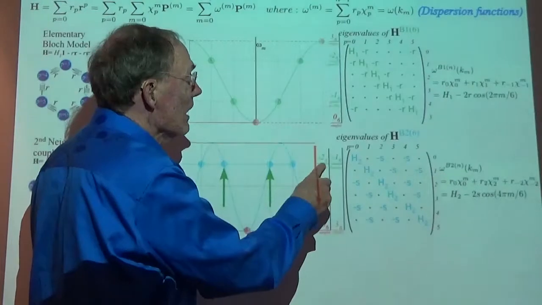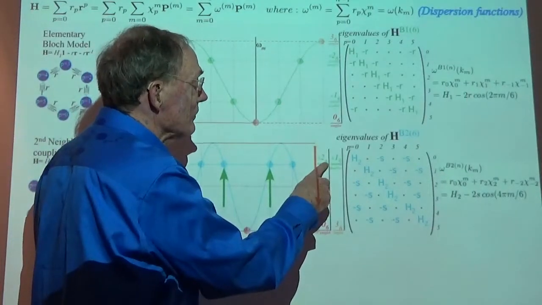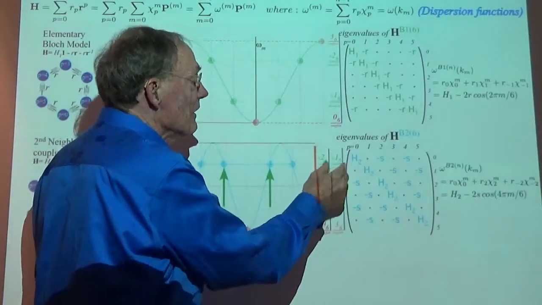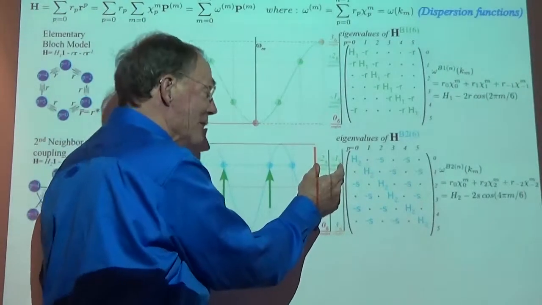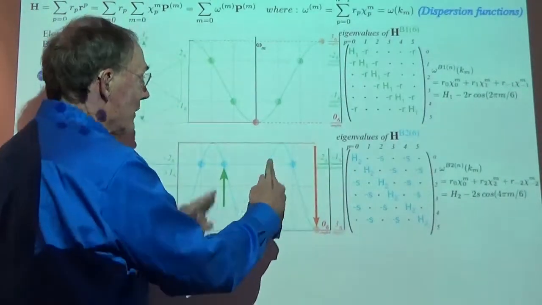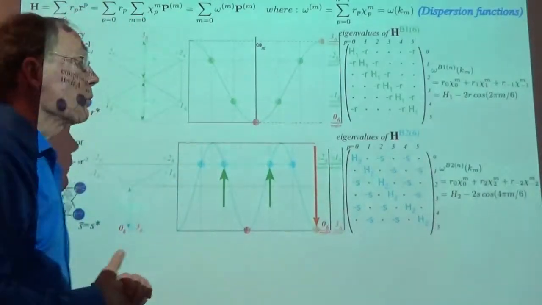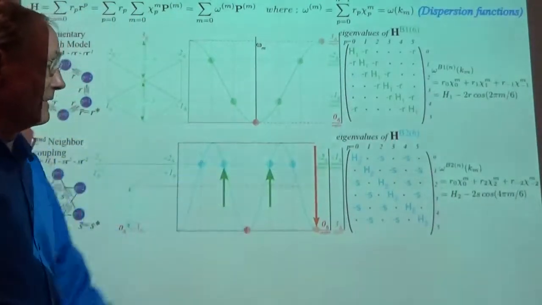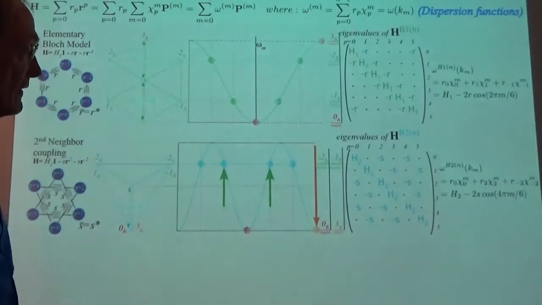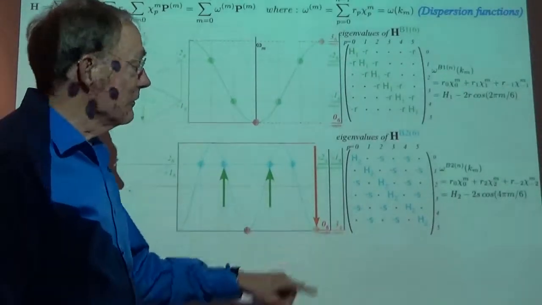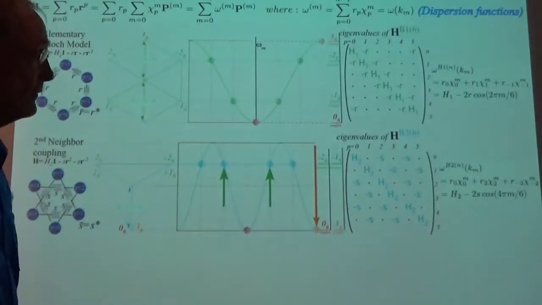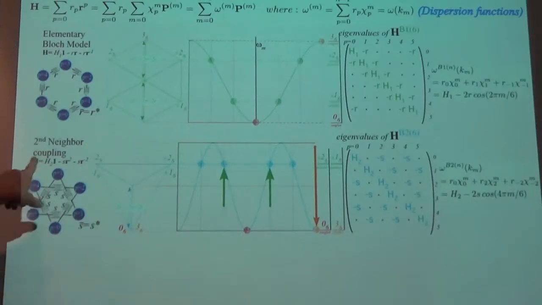And then there are these 2 guys, plus and minus 2 mod 6 and plus and minus 1 mod 6, are both degenerate. That is, they're pairs by themselves, but the 2 pairs have the same energy. So it's a quartet located there, 2 doublets. And here we have 2 singlets. Okay, so that's a dispersion function for this system.